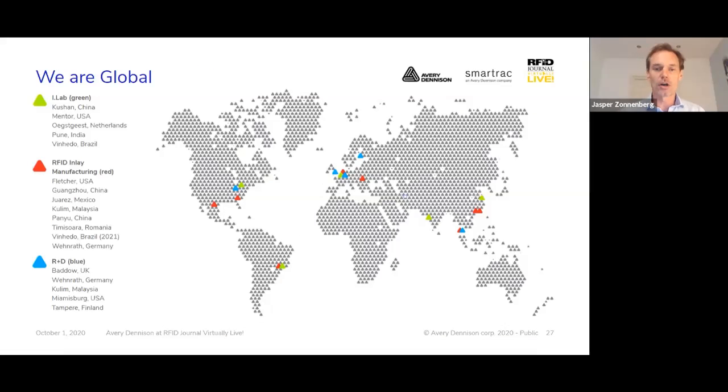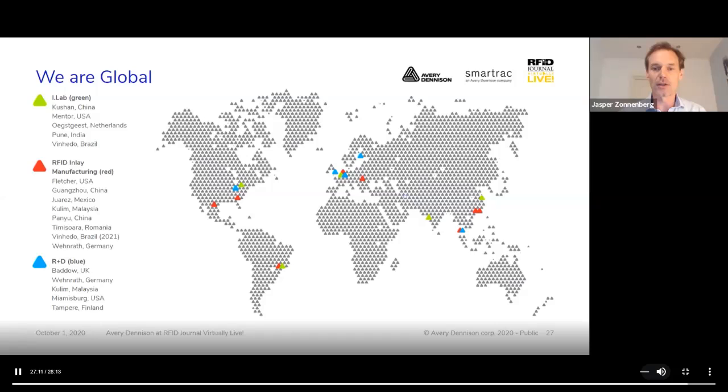Last thing I wanted to show is, talking about the global reach. So what can you find all over the globe from Avery Dennison when it relates to RFID? You see in blue our R&D centers. You see in red manufacturing centers, and in green, and I find that interesting to mention, you see our iLabs. So we have in each continent now one iLab, and we will have more iLabs the further we progress.